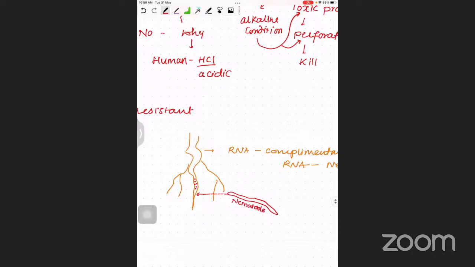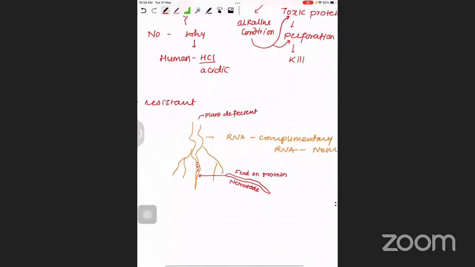So now the nematode will feed on the protein. If the nematode is feeding on protein, the plant will be deficient of protein, right? And it will slowly die. In order to avoid this, we introduce complementary RNAs in a plasmid. So when the nematode is introducing an RNA, whatever RNA we introduced will go and develop complementary strands with the nematodal RNA.